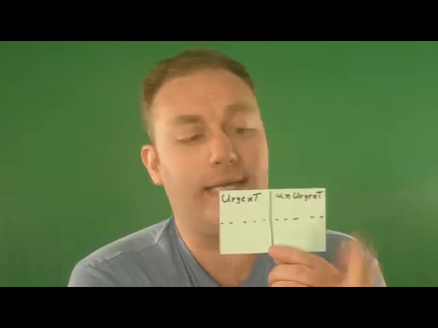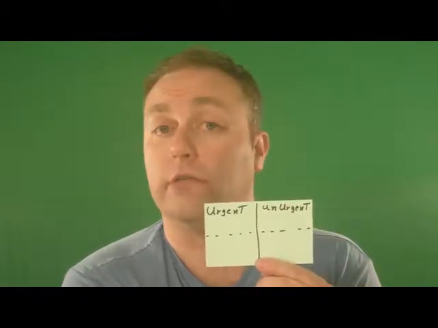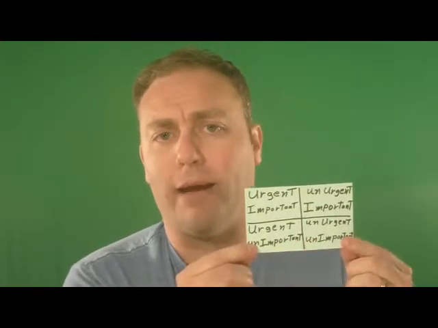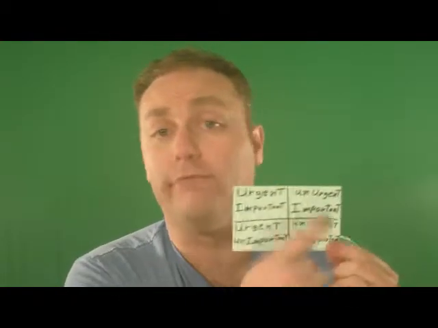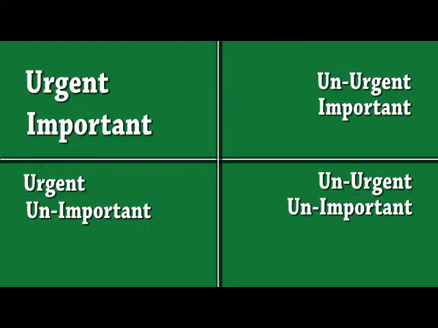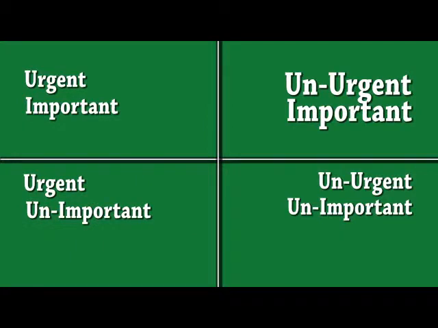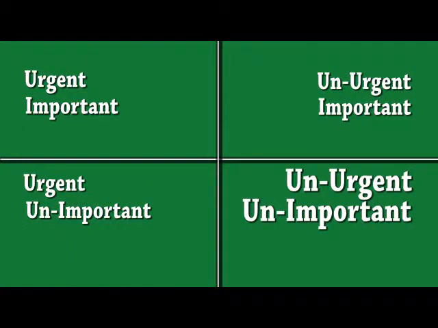As you get further to the right, those things are unurgent, or less timely. So at the end of the day, you're going to end up with a very cluttery little 2x2 grid of 4 squares: urgent and important, urgent and unimportant, unurgent but important, and unurgent and unimportant.